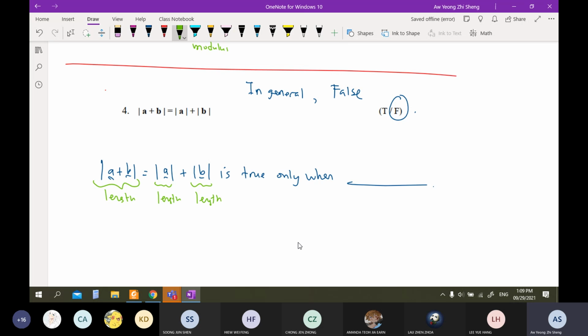Wait, I think you guys are confused. A and B are vectors. You can't say a vector is negative. A vector is neither positive nor negative. A vector only has length and direction. So think carefully, what is the word to use there?